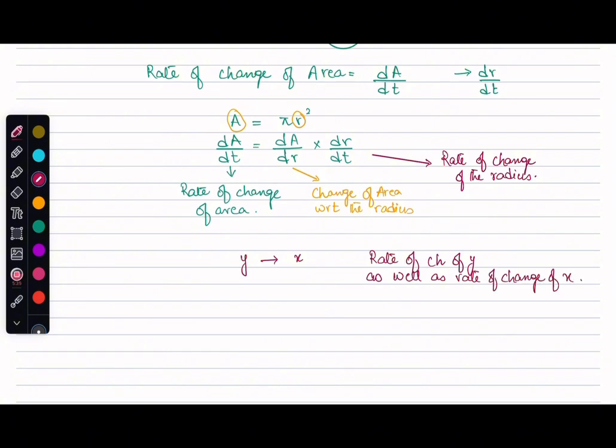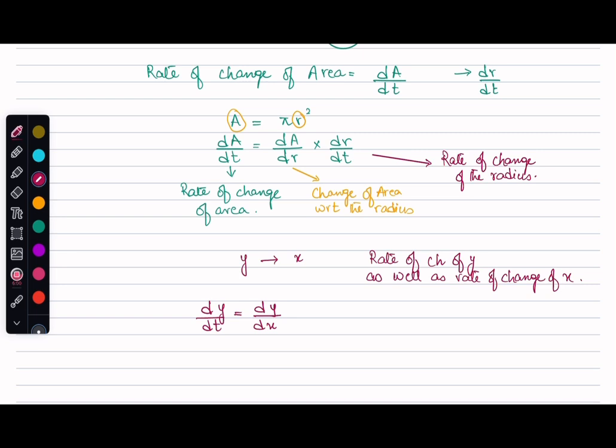Again, as it suggests, it's the time, it's the rate that we are talking about. So there is a rate of change of y, so I can say it's dy by dt. Y changes with respect to time, which shall be equal to the rate of change of y with respect to x, because the change in y occurs only if there is a change in x.